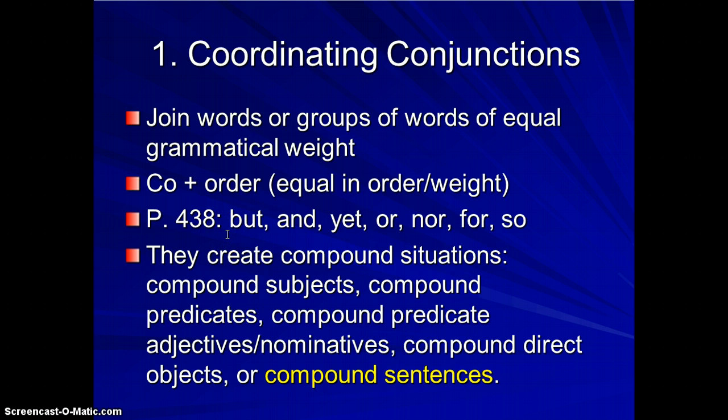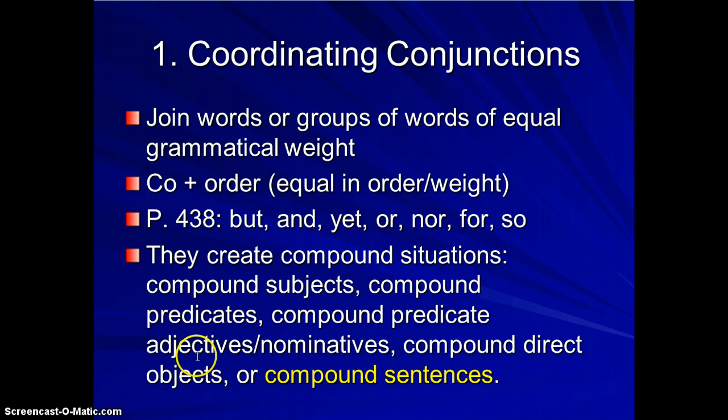The coordinating conjunctions are but, and, yet, or, nor, for, and so. They create compound situations. Compound subject: Jim and Sarah plan to go to the prom. Compound predicates: I danced and sang for the competition.